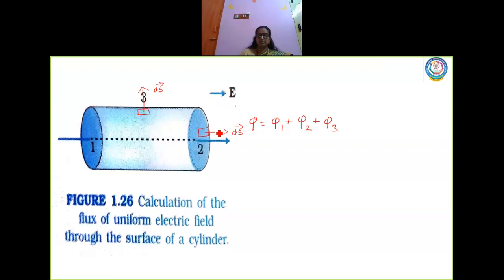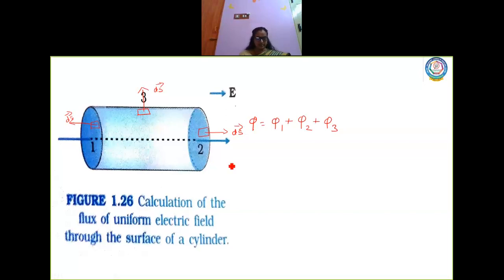And here also, when you consider a small area element, let me draw a small area here also, children. Now what will be the area vector? It is again outside, ds vector, right? And again the electric field is in the opposite direction, so theta is anti-parallel, 180, that is cos 180 equal to -1.